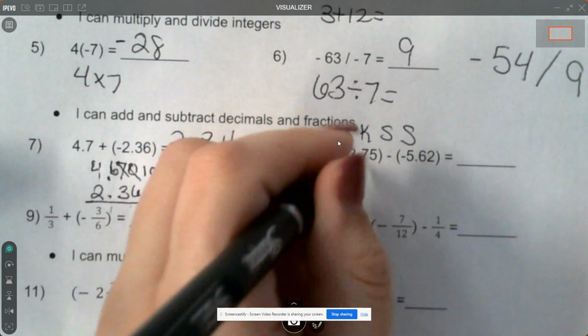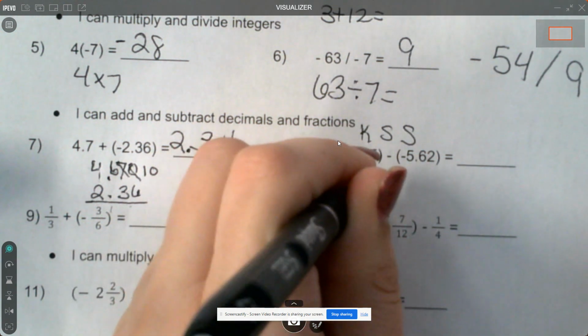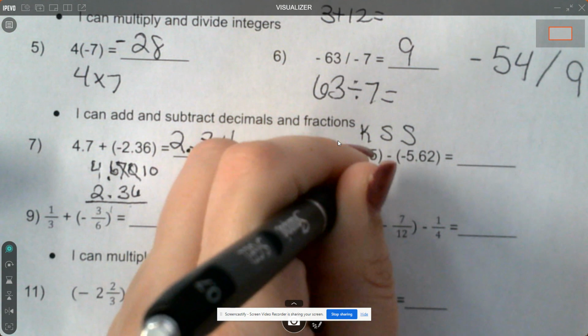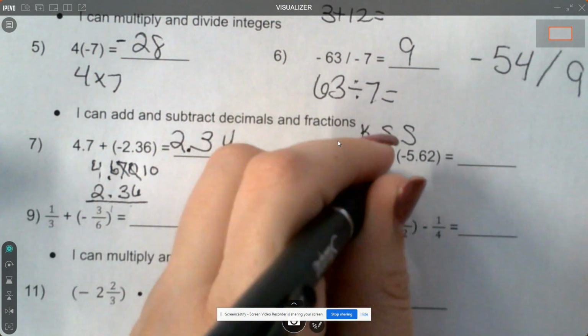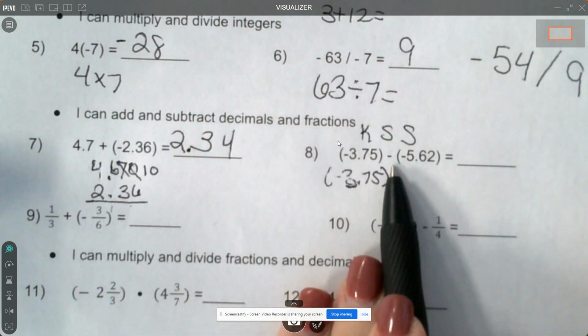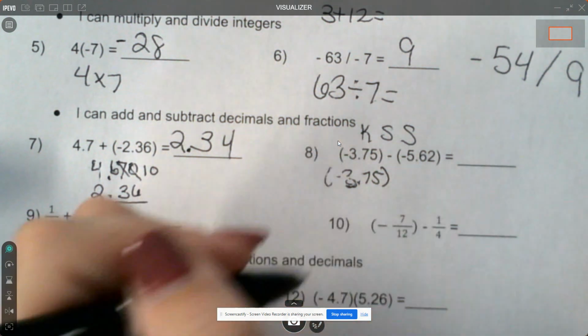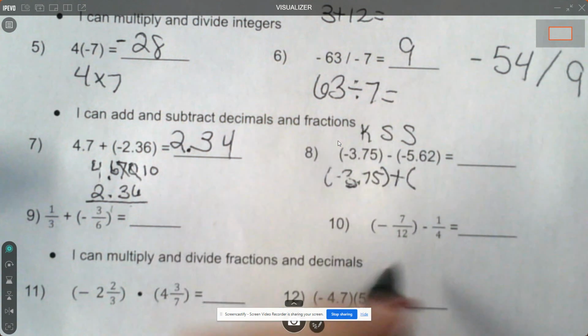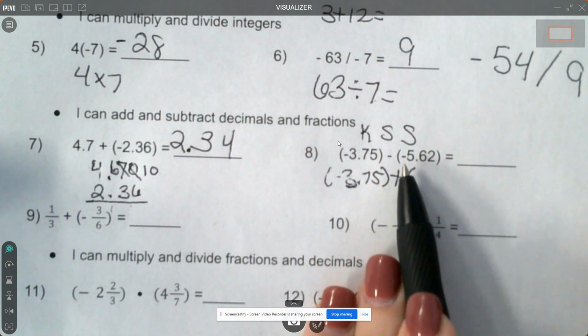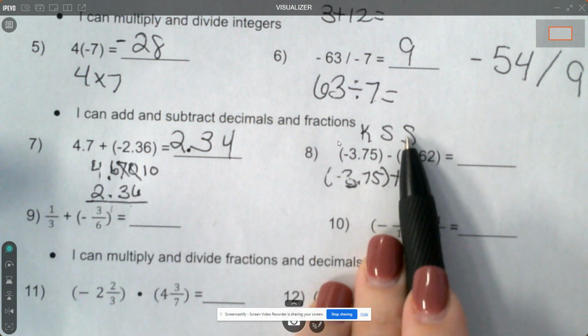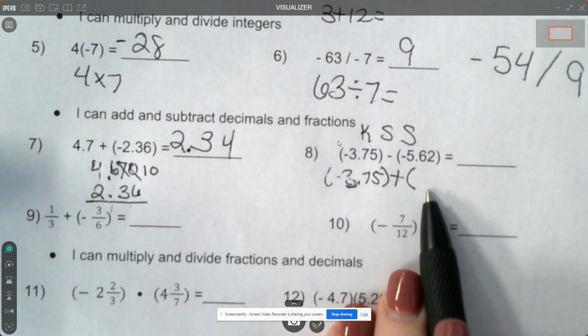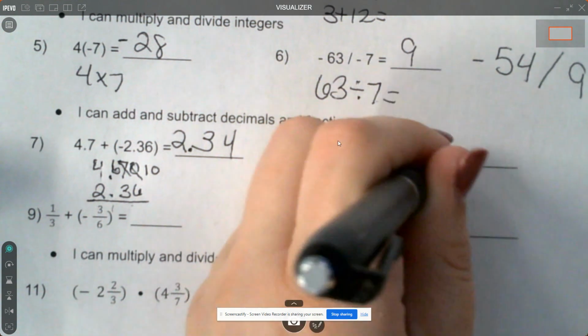If I keep the negative 3.75, what would happen next? What would happen to this subtraction sign? And what would happen to the negative number? If you switch the negative, what does it become? Becomes positive.